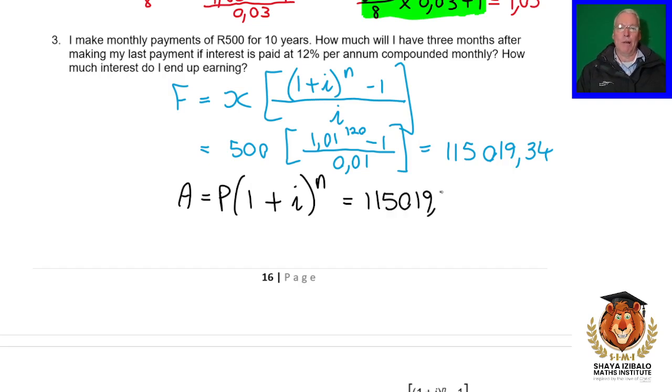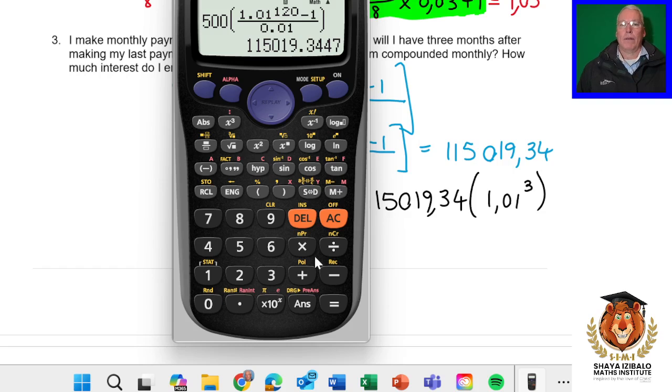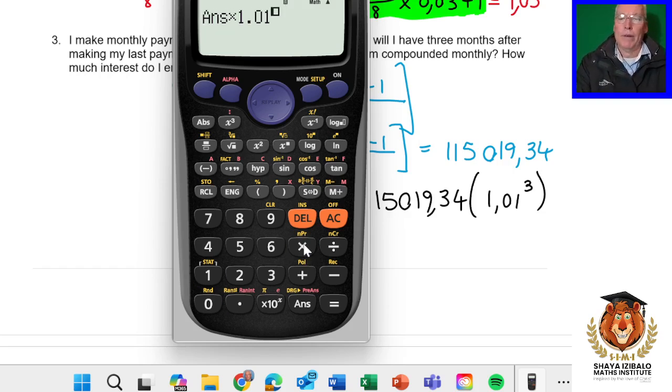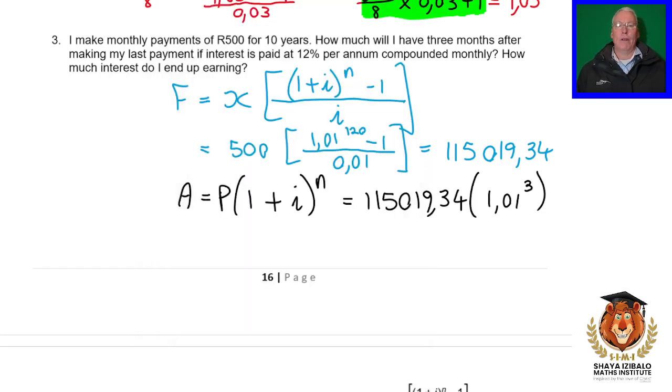I won't use that number; I'll use my accurate number off the calculator, times 1.01 to the power of 3. Okay, 3 more months. And I end up with 118,504.55.